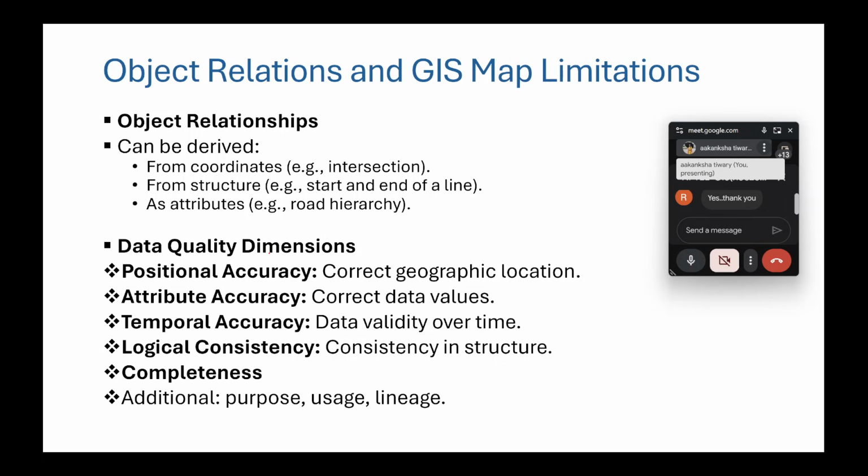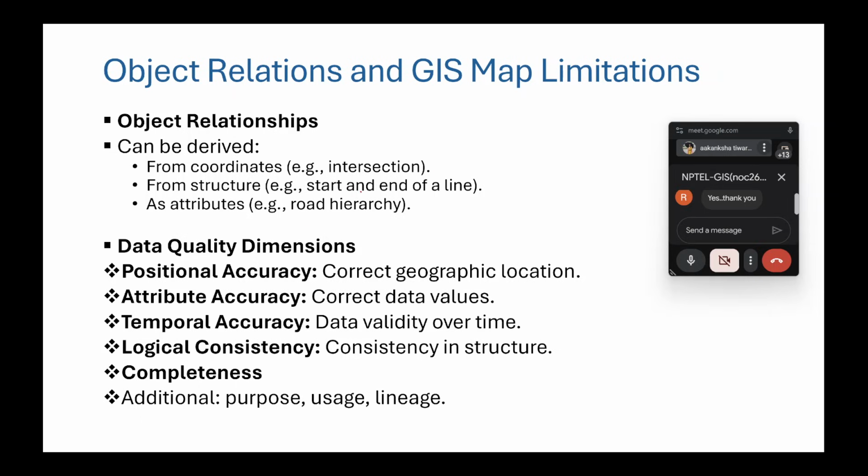Okay. However, when we look at the data, there can be some errors associated with the data that we have. Sometimes we need to have some data quality checks. So there are different compromises that can happen in the data quality. First is the positional accuracy.